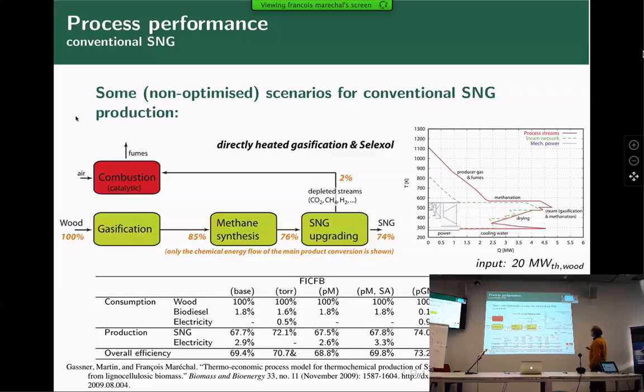You can see here that the drying is here. In this case, of the 20 megawatts consumed in the form of wood, I would read here that 1.5 megawatt is consumed for drying. Does it also depend on the type of wood? Yes, of course.